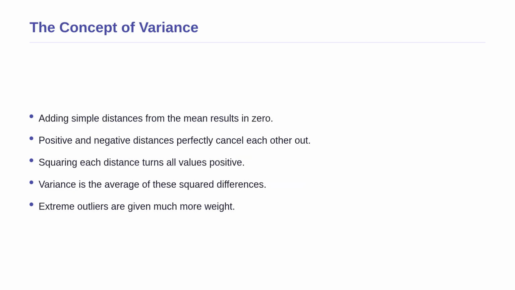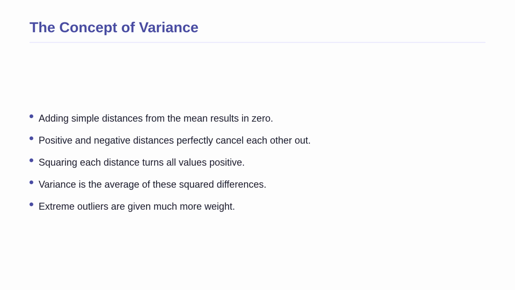Now that we understand why we need to measure spread, how do we actually calculate it? A naive approach would be to just add up the distances of every point from the mean. But because some points are above the mean and some are below, the positive and negative distances would perfectly cancel each other out, giving us 0.